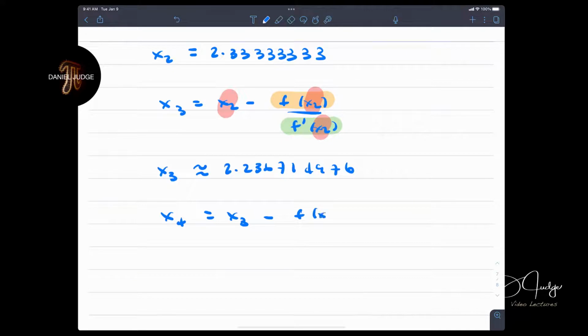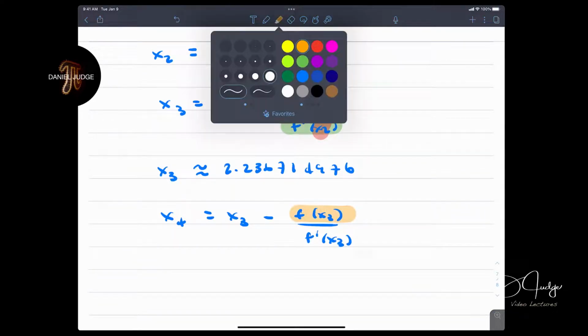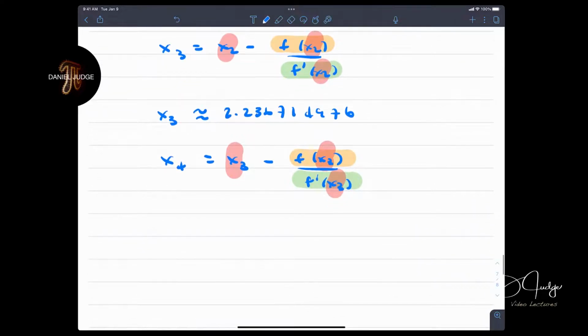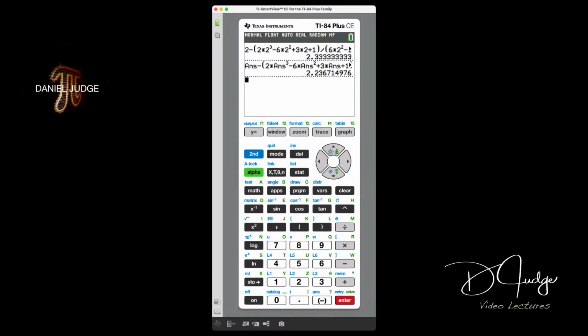x3 minus f of x3 over f prime x3. We're going to need another iteration. We haven't seen duplication yet. Here's my function, derivative, my third iteration that's going to help me get the fourth iteration in Newton's method. So we're going to see what the fourth iteration will be. We're going to use prior answer. So answer minus 2 times answer.